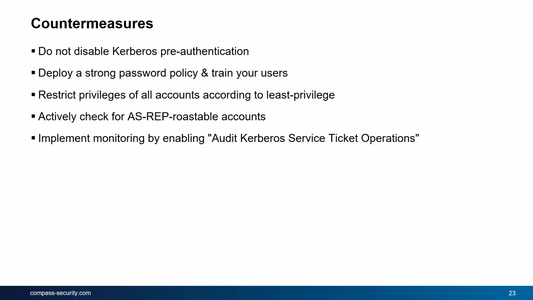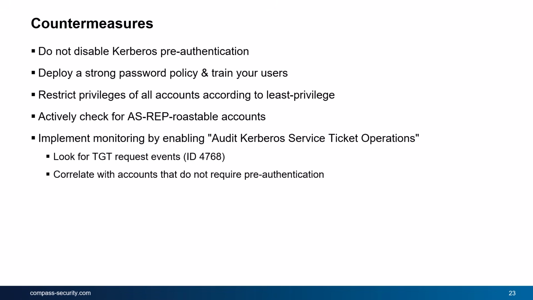And remember, enable it on all your domain controllers because the attacker might talk to different systems. Then you can look for TGT request events, since this is the event that will return the crackable information, and correlate these requests specifically with accounts that do not require Kerberos pre-authentication.